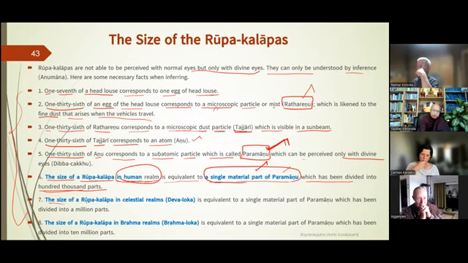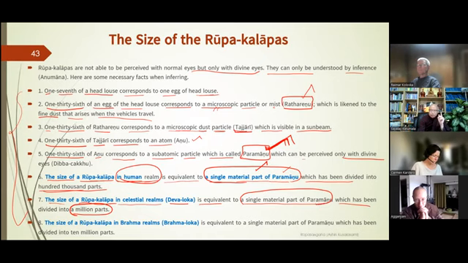And the size of a Rupakalapa in the celestial realms, Deva Loka, is equivalent to a single material part of the Paramanu which has been divided into a million parts. Even the Paramanu is extremely tiny, but you have to divide it into a million parts.